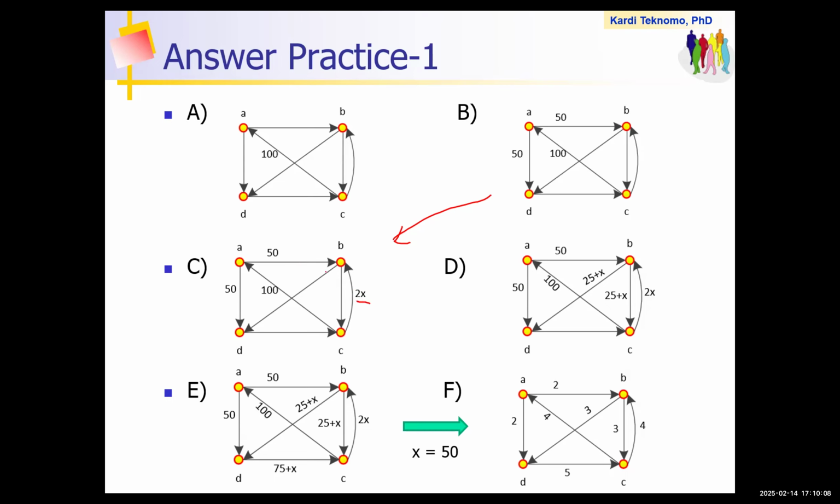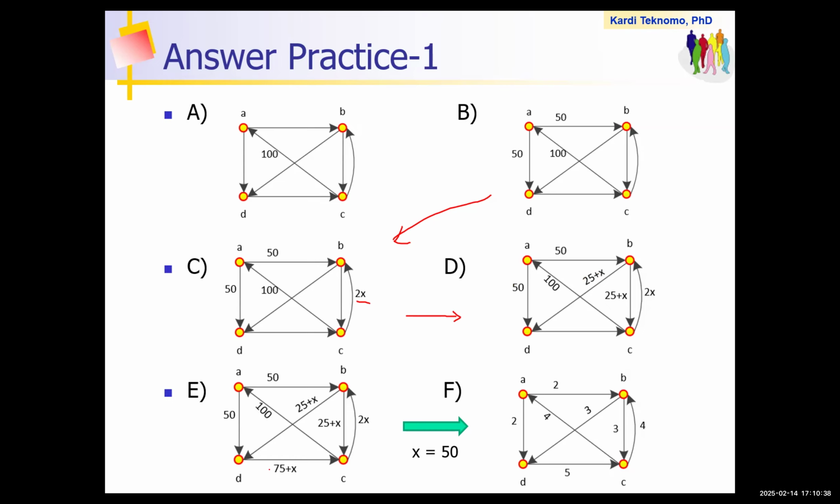From there, we distribute in node B, because the inflow is 50 and 2x. Then B to C and B to D each become 25 plus x. Can you see this? Then at D, from B it is 25 plus x and the inflow here is 50, so it becomes 75 plus x going out.